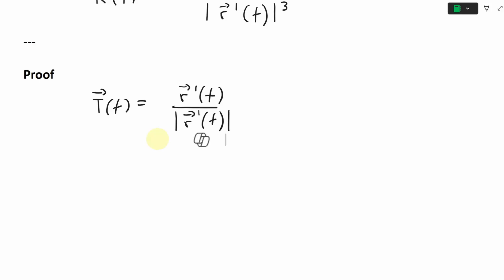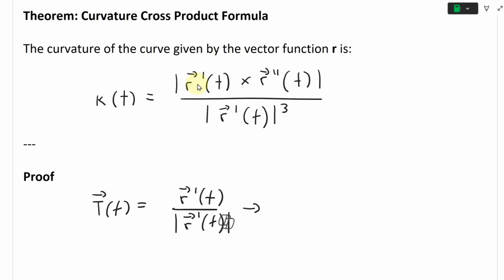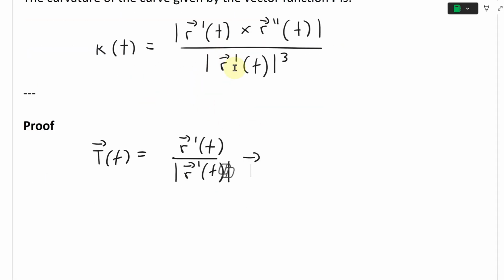Now, I'm going to rearrange this in terms of the top part here, because we're going to have a lot of derivatives of the vector function. Basically move the bottom over to this side.